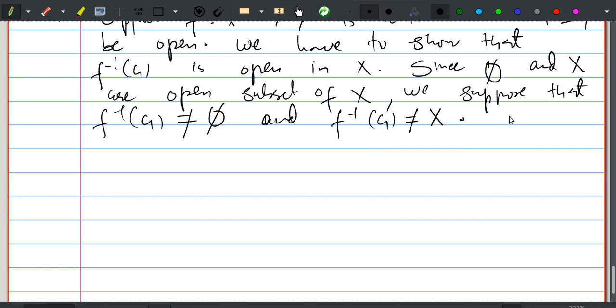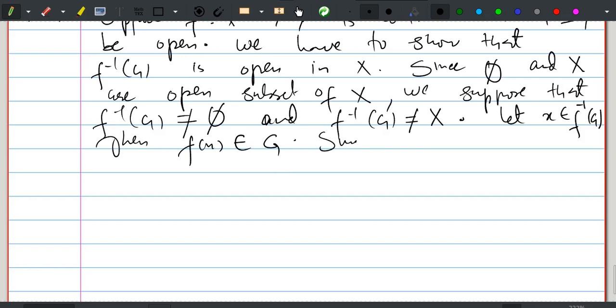Now, to prove that f inverse G is open, we have to prove that every point in X can be considered as the center of an open ball which is contained in f inverse G. So let us consider that x belongs to f inverse G. Then f of x must lie in G. Now it is given that G is open.